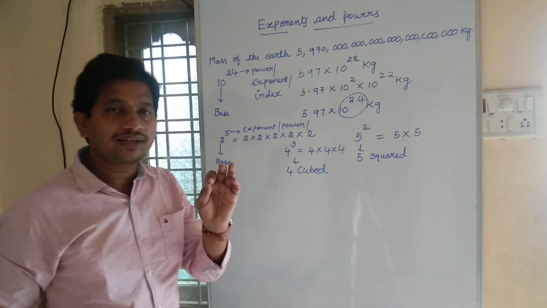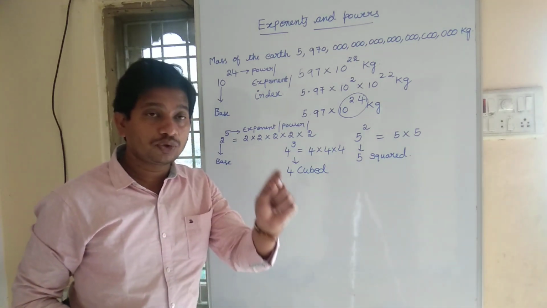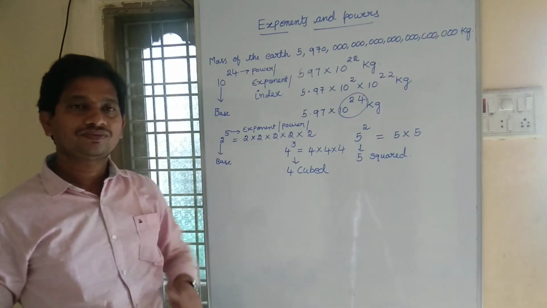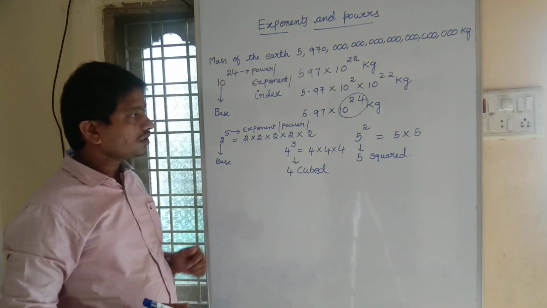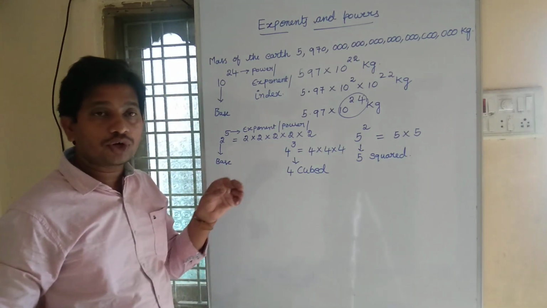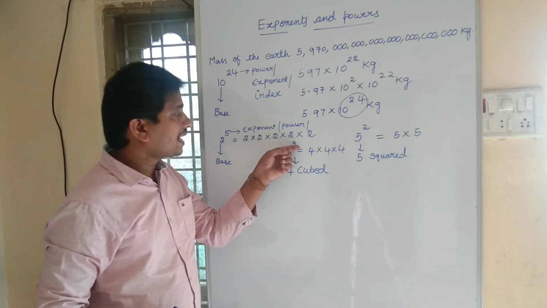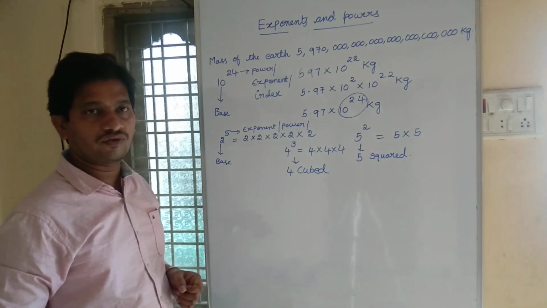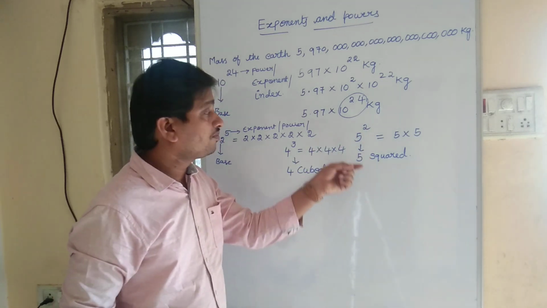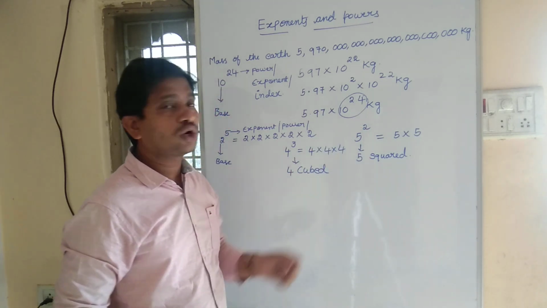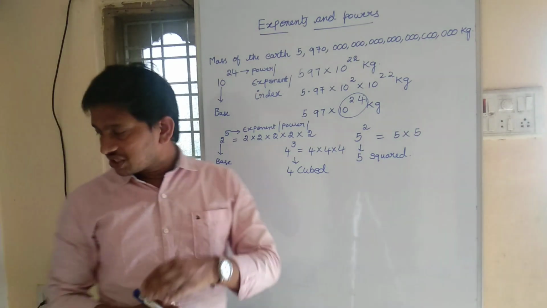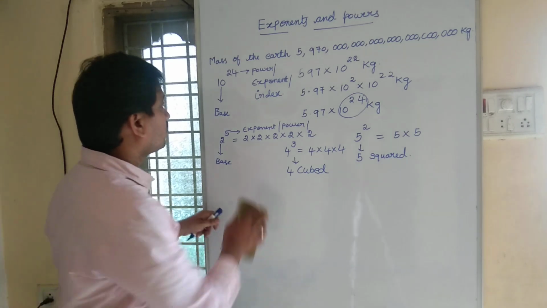For 2 and 3 we have special names. For 2 we call it squared. For 3 we call it cubed. Got it, children? In 4 raised to the power 3, 4 cubed, 4 is called the base and 3 is called the power. In 5 raised to the power 2, 5 squared, 5 is called the base and 2 is called the exponent. Okay children? So let us now study some laws of exponents.